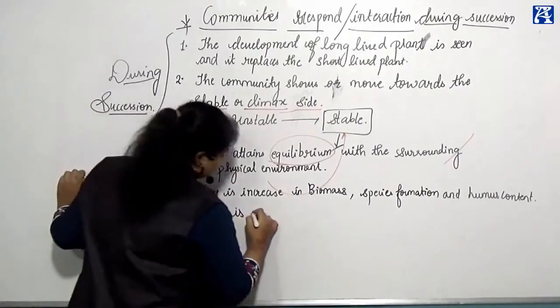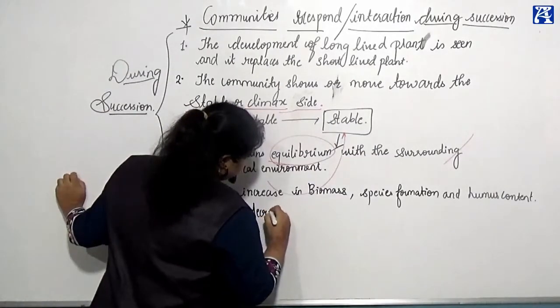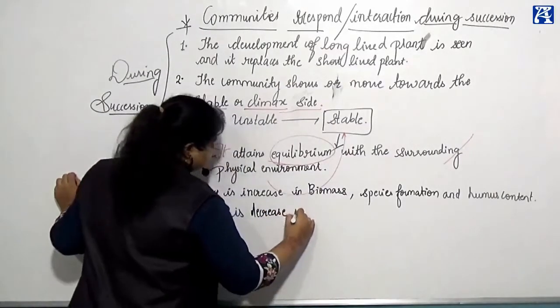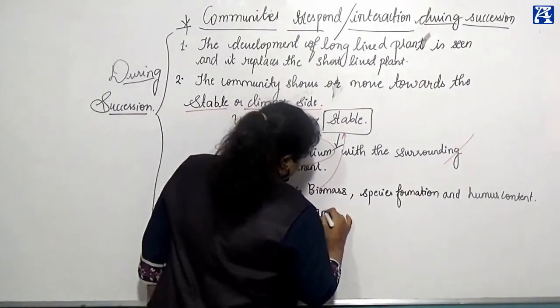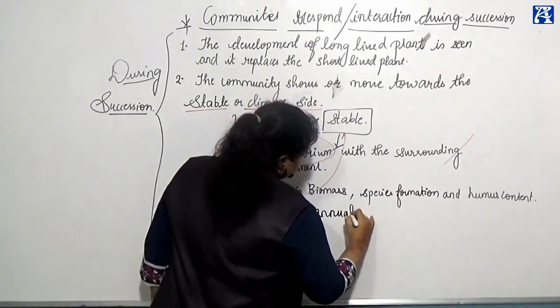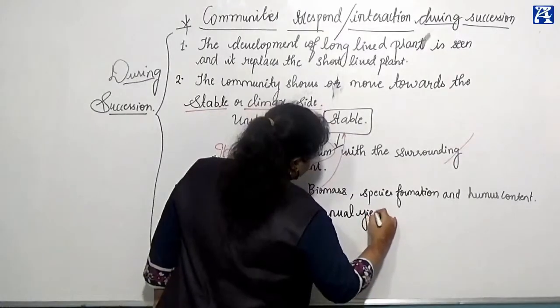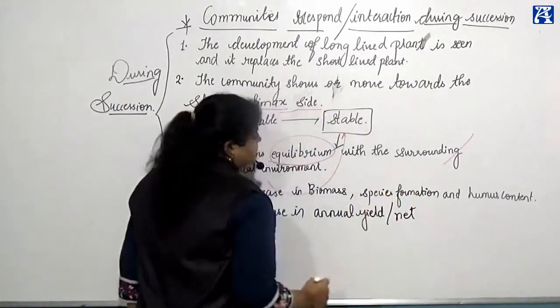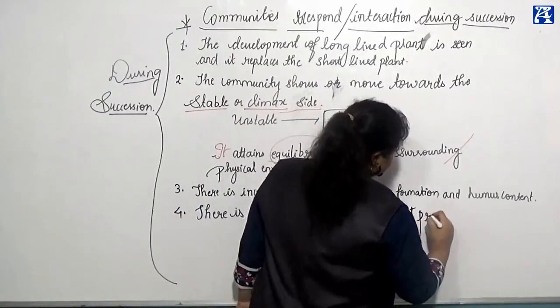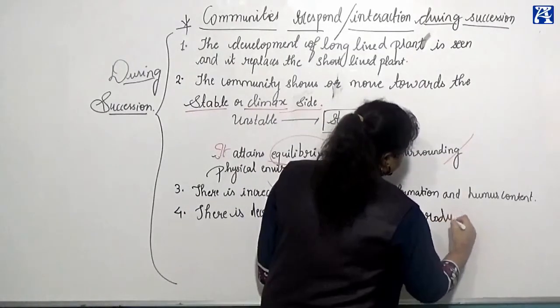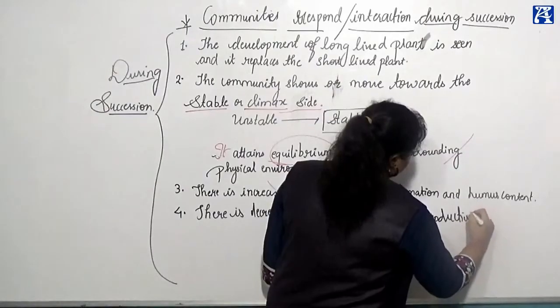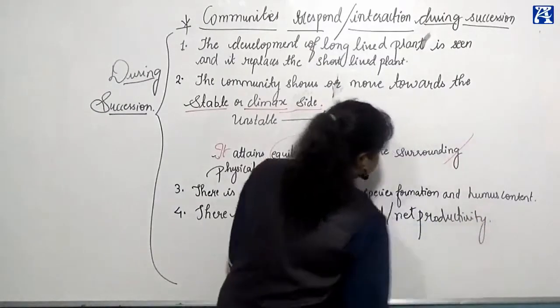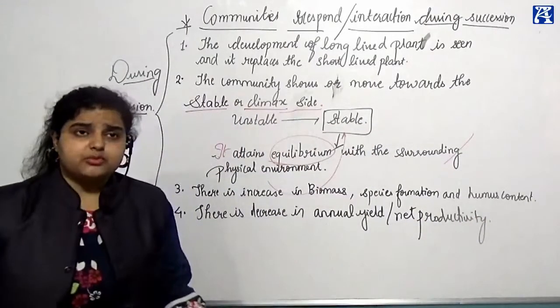But there is a decrease in annual yield of plants, or net productivity. Why can you say there is a decrease in net productivity?